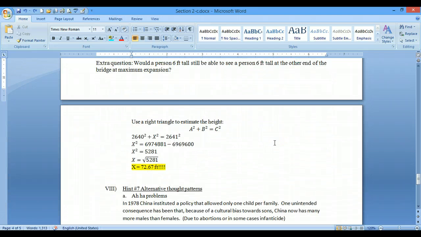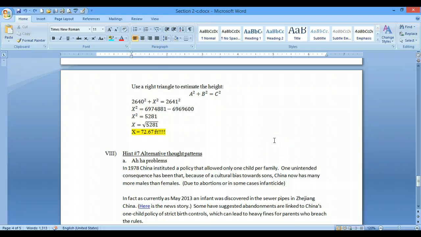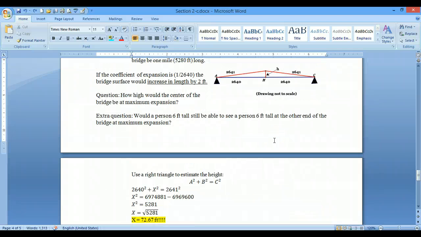All right. So we're going to use a right angle to estimate the height of our bridge. In this case, it's going to be the actual height. In your book, the railroad is bowed, so it's going to be a little smaller, but we're using the same problem. So if I have 5,280 feet between these 2 points, then from the middle out, it will be 2,640 feet from the middle to one of the ends.